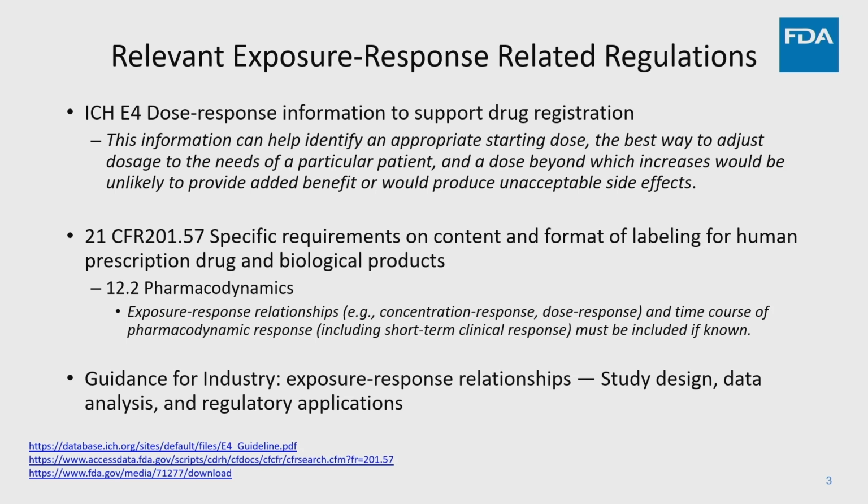The last one is the technical guidance for industry, exposure-response relationship. In this guidance, we describe how dose response or exposure response study or analysis has to be done, and some of the regulations related to it. But this is a non-binding guidance.